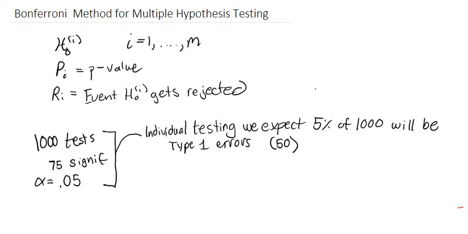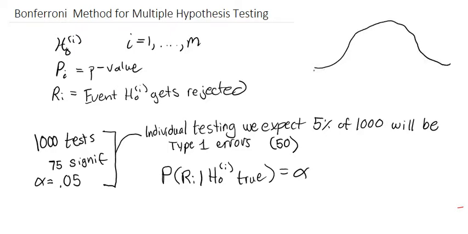And that's because when we set our alpha level, the probability that we reject the test R_i, given that H naught i is true, is equal to alpha. So see, we have a normal distribution. There's going to be areas where we will have data that actually falls into those areas.